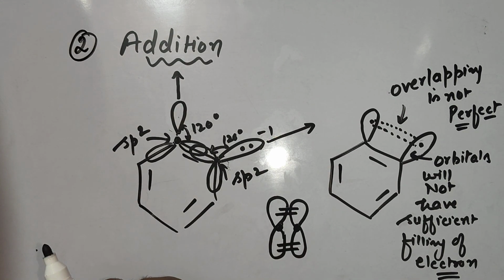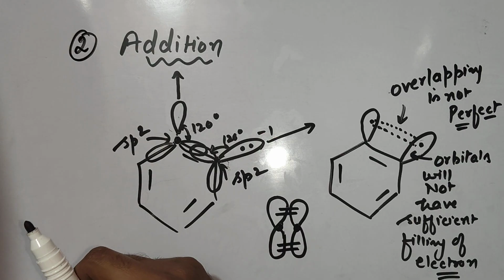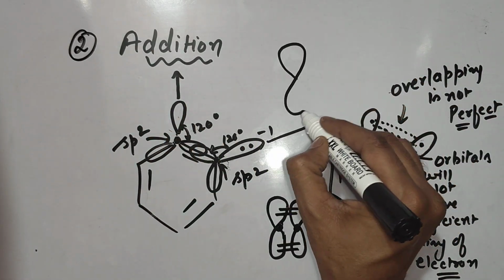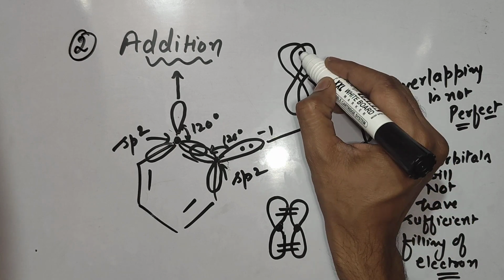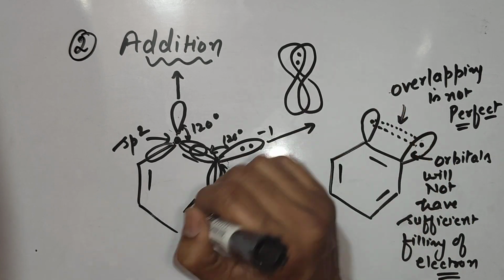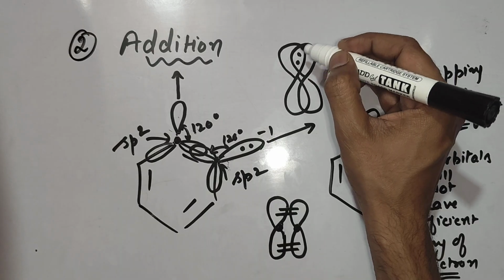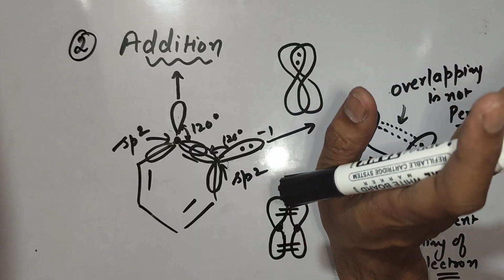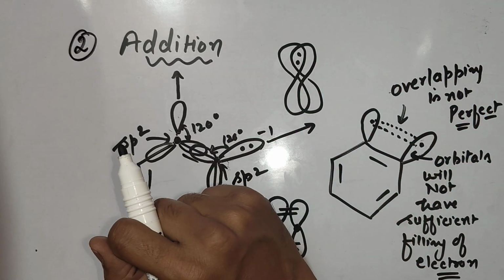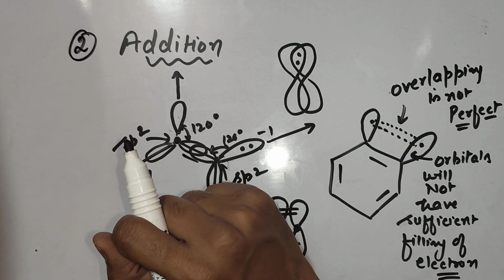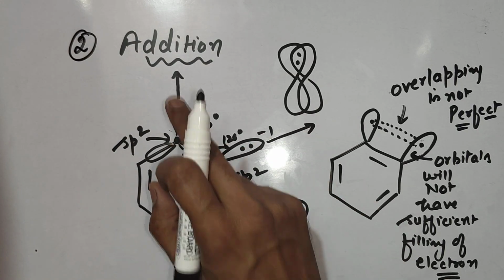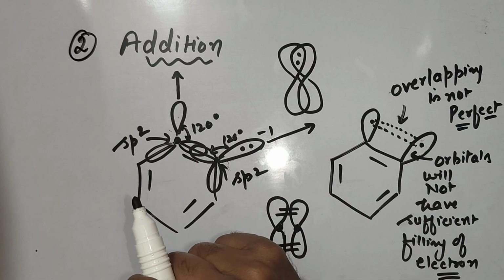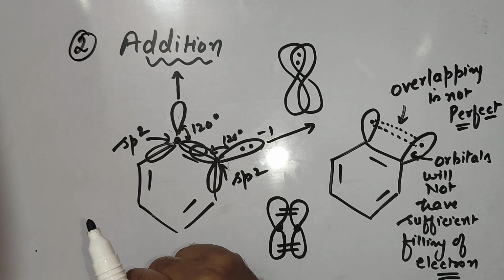In simple language, we will try to understand the concept. If we have a proper overlapping like this, two electrons will come here in an overlapped area. So we will say the orbitals have sufficient amount of electrons in them, properly overlapped. But because these orbitals are going in different directions, when they will overlap, these orbitals will not have sufficient filling of electrons in them.